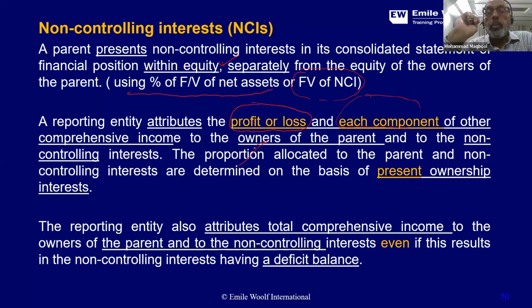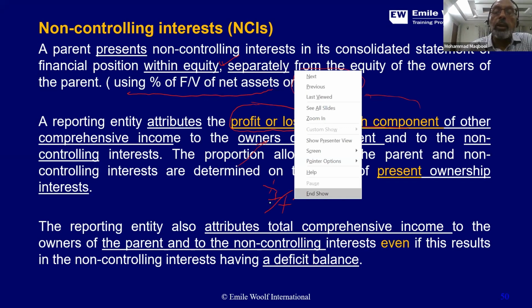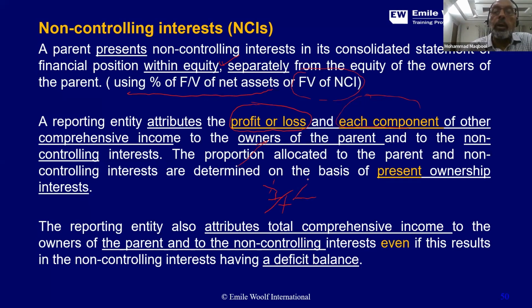The reporting entity also attributes the total comprehensive income, I mean, net profit for the period and other comprehensive income. That's the total. We also allocate how much is for the owner of the parent, how much for the non-controlling interest. I'll show you that.